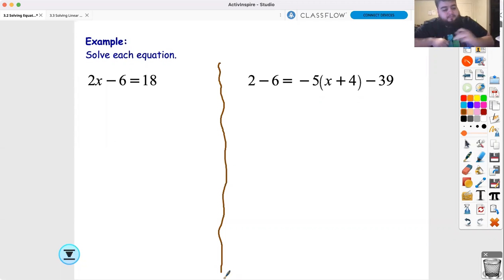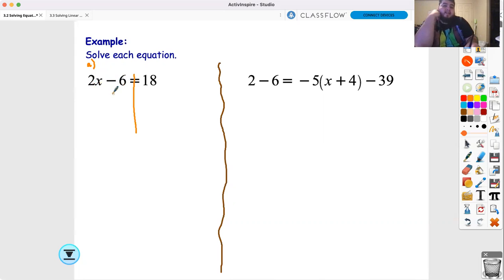All right. Take a look at the first example here, example A to the left, 2x minus 6 equals 18. Our goal here, remember, is the same as always, to manipulate this to get x alone. So now we want to move the -6 over to get the x term alone.